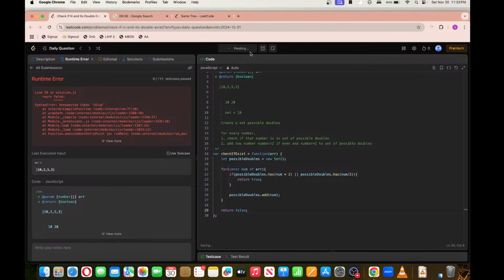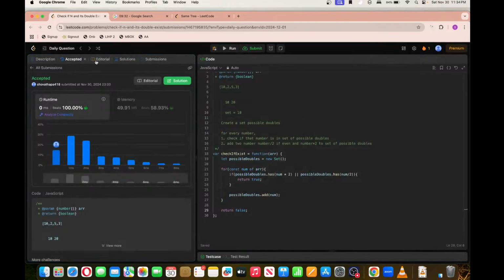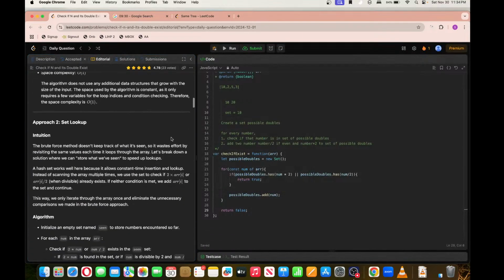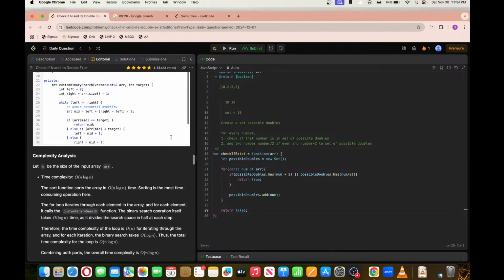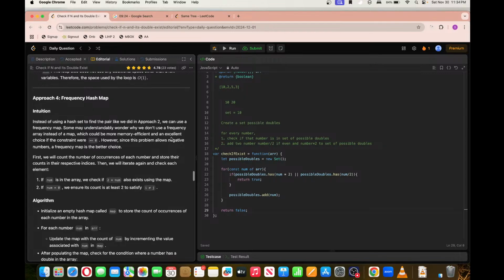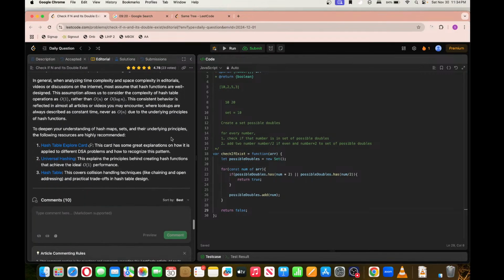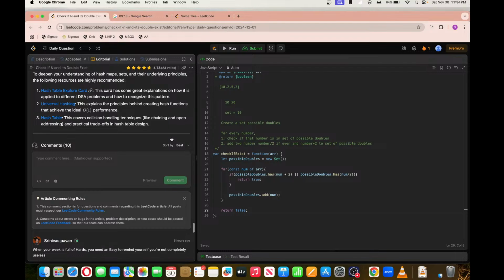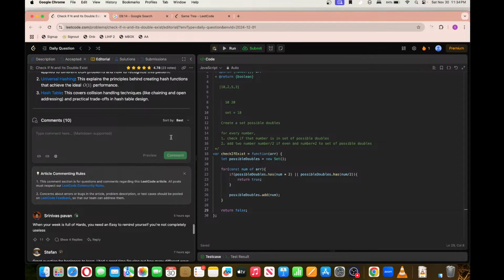Return false. Brute force. Set lookup. Sequential map. This comment is very funny.